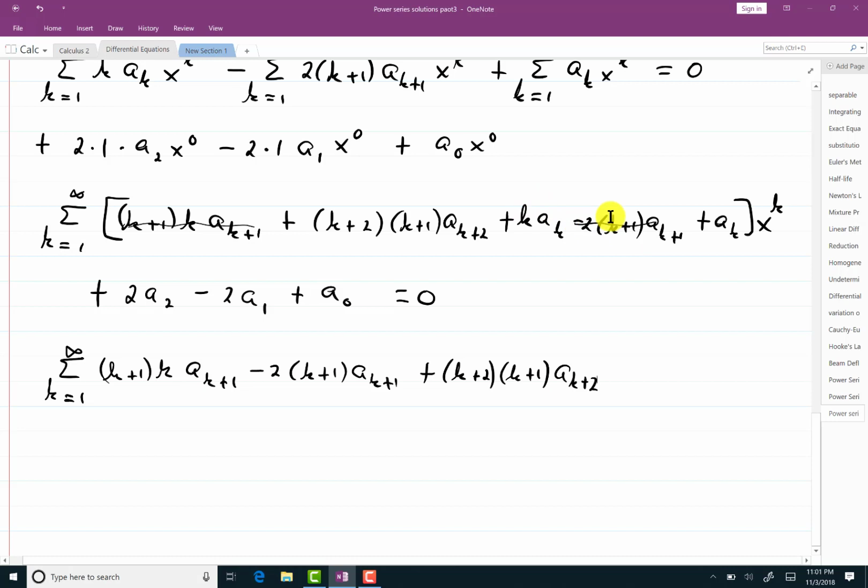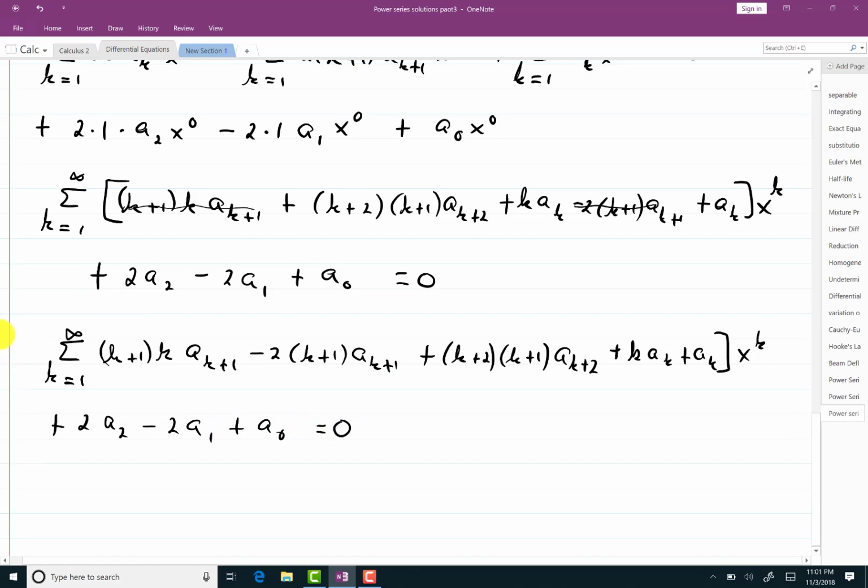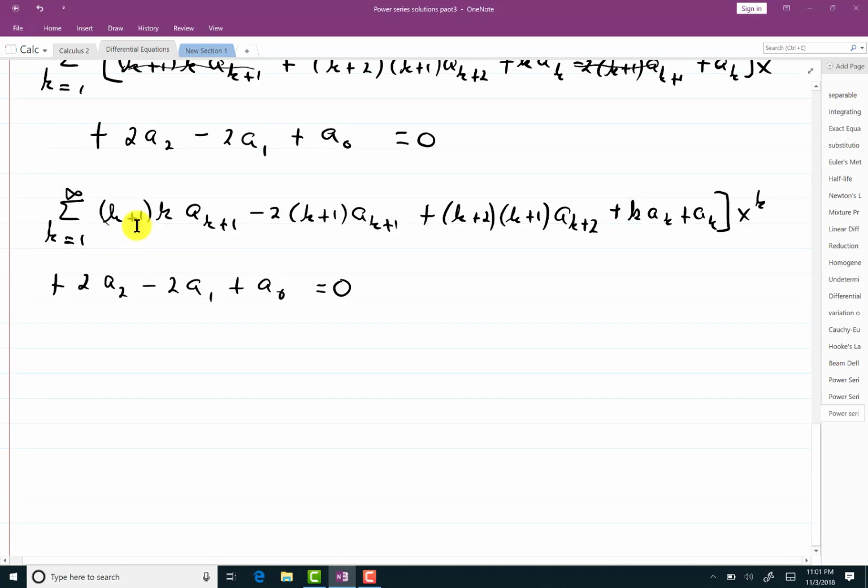But I do have some a sub k's that I can put together. Okay, a sub k plus a sub k, x to the k, plus 2a2 minus 2a1 plus a sub 0, and that equals 0. Now if you'll notice here, let me put my bracket to begin this.